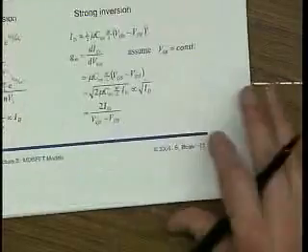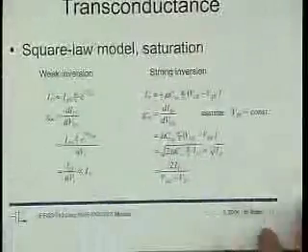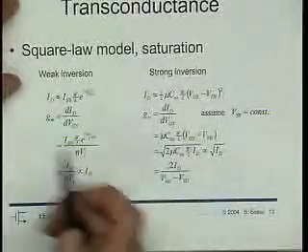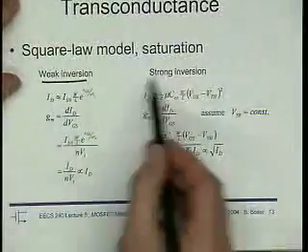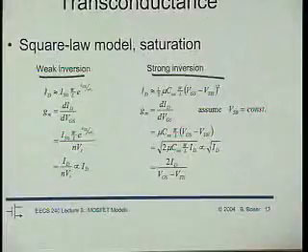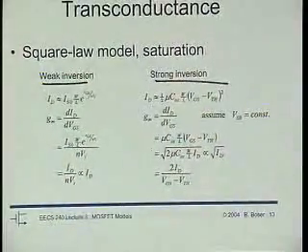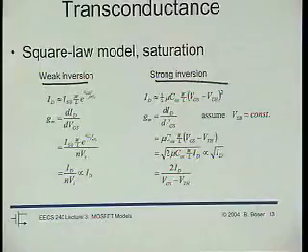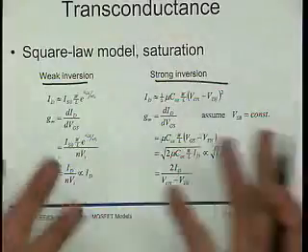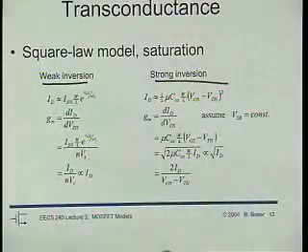Okay. All right, so let's go and look at this transconductance. We now have 2 regions of operation, weak inversion and strong inversion. Of course, in practice, we're going to be somewhere in between them. And even though there are models that give us equations for what's happening in between, we're not going to put up with them because they're just too complicated.